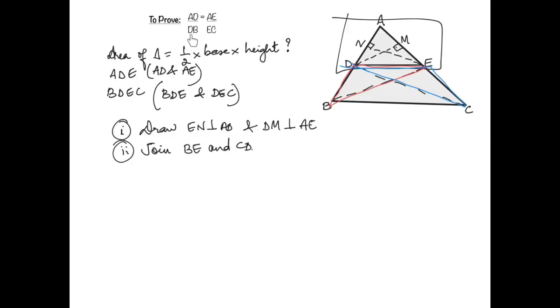When you come to the second part, that is DB and EC, we have the sides DB and EC, but there is nowhere a triangle to be seen here. So that is why we have joined BE and DC, so that we have a triangle with base DB, and a perpendicular drawn from the vertex E, that is EN, in the triangle BDE.